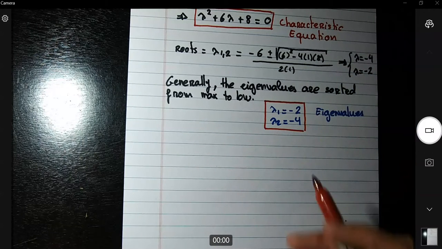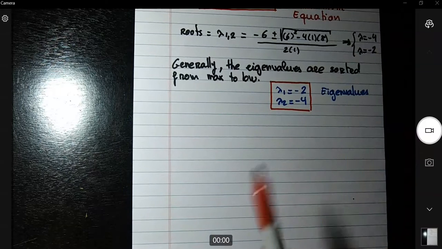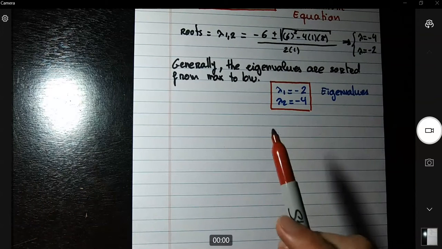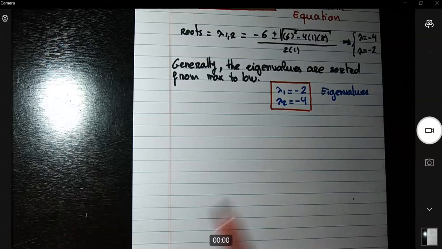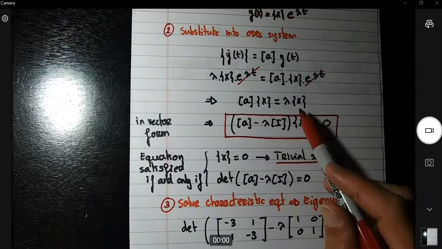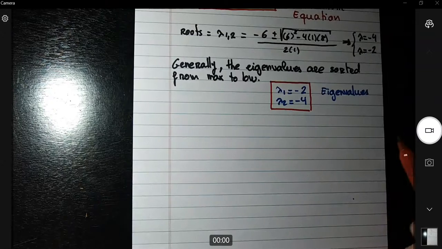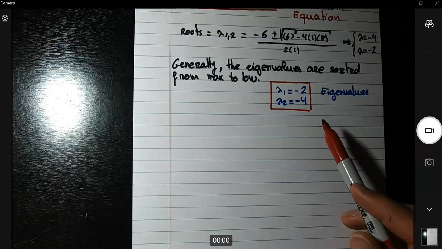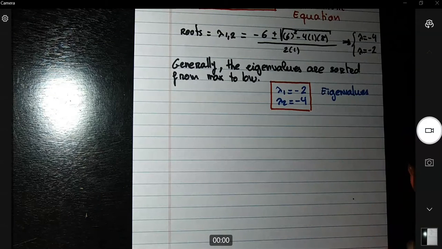All right, now that we have the eigenvalues, what do we need to do? Do you remember? We recognized, because the equation was of this form, that we needed to solve an eigenvalue-eigenvector problem. So we did half of it. We solved for the eigenvalues. So now we need to solve for the eigenvectors.